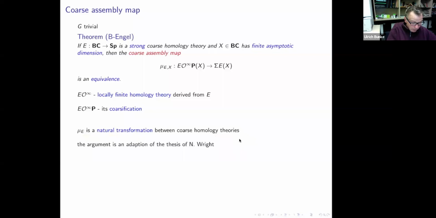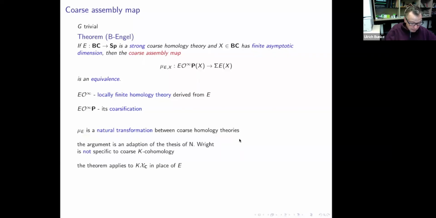And the argument for this theorem is an adaptation of the thesis of Nick Wright. He proved the statement about coarse K-homology, but one can just axiomatize this argument, and then one gets this statement here, which is not specific to K-homology, but of course one can apply it to K-homology.